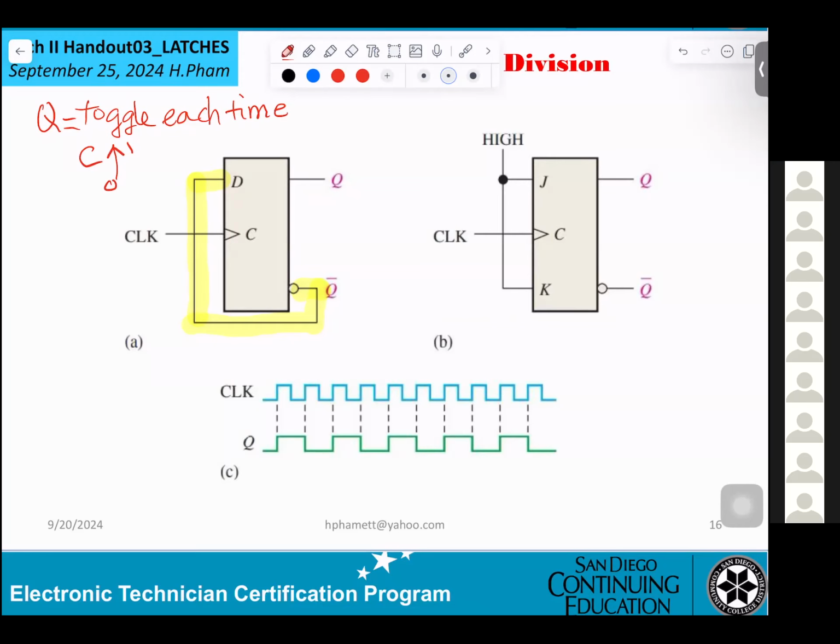That means it was 0, now they go 1. It was 1, now they go 0.